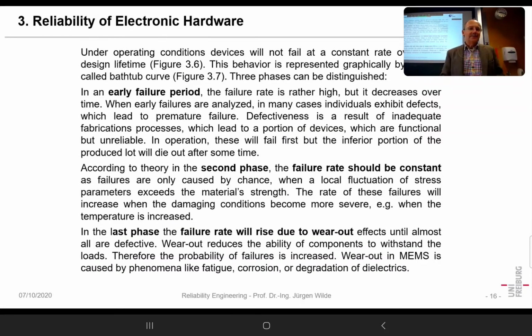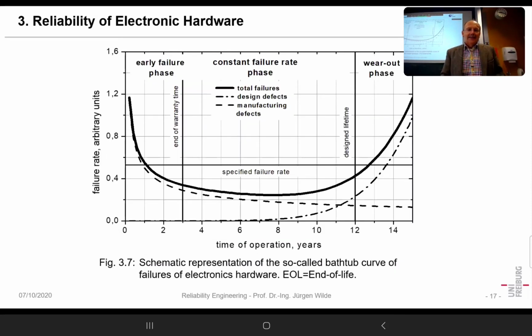So now what we have seen is already from the curves I was providing, is the failure rate constant over time? Based on what we have already seen here, failure rate is not constant over time.